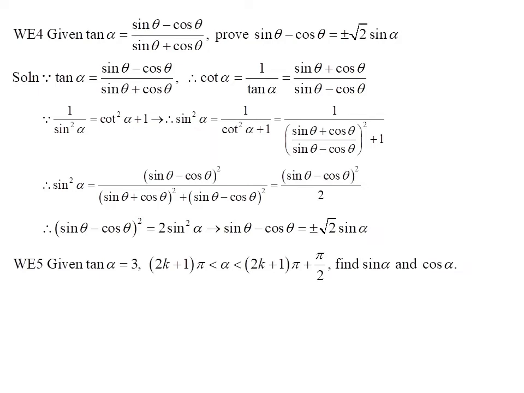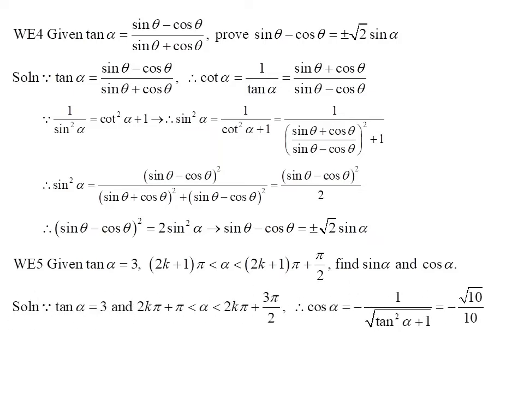The criteria in example 5 is that tangent alpha equals 3 and alpha is located in the third quadrant. The question is to evaluate sine alpha and cosine alpha.